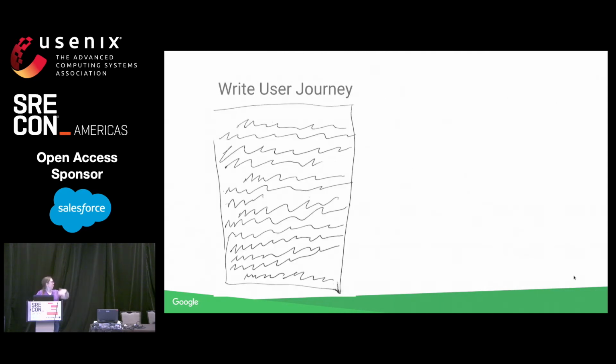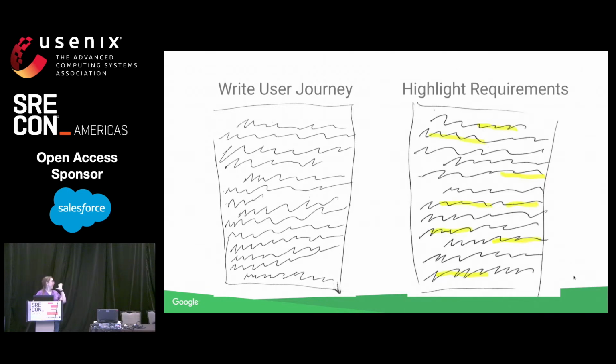First, you write the user journey. Then you go through and you highlight all of the requirements. So I go through and I highlight all of my requirements. This is where active voice with respect to the tool comes in.